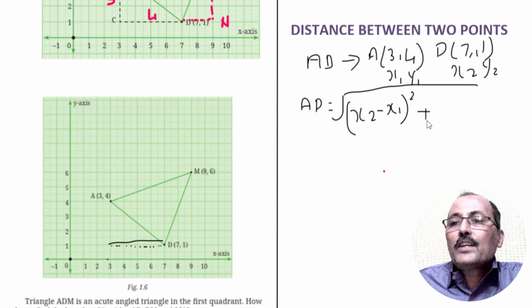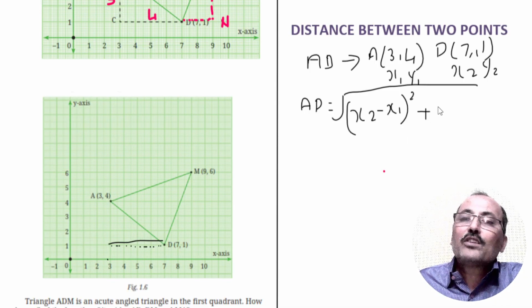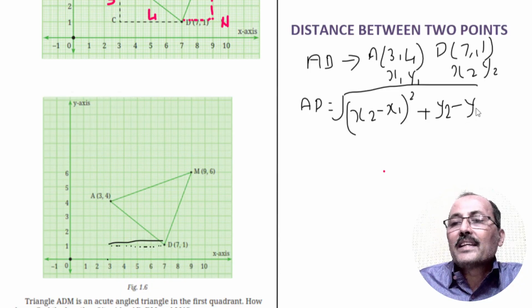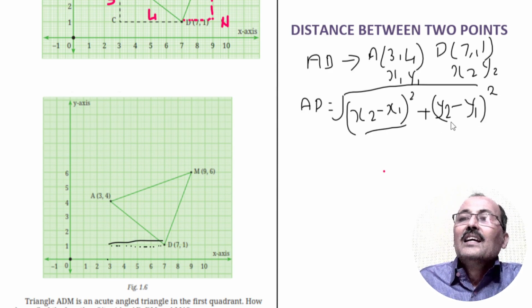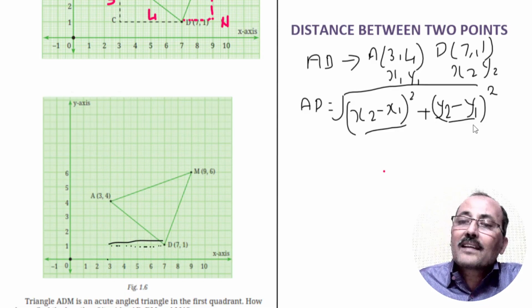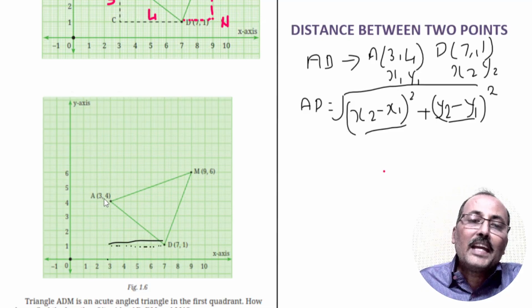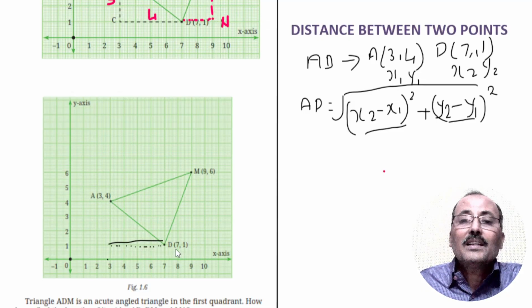Plus y2 minus y1 whole square. According to this, y2 minus y1 is 4 minus 1, which is the height, one more side of the triangle. Are you able to understand, my dear children? So this formula denotes one side of the triangle and the length of the other side of the triangle, using x2 minus x1 and y2 minus y1, naming the points x1, y1 and x2, y2.